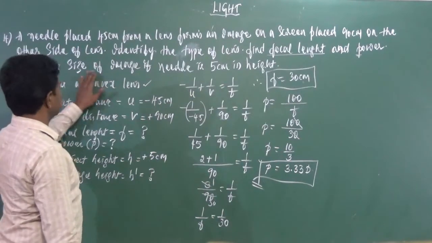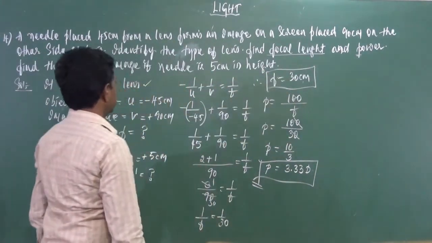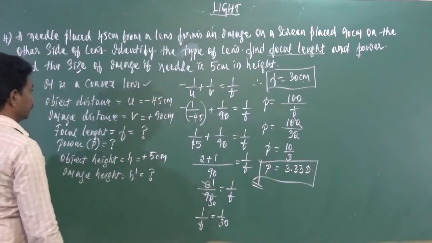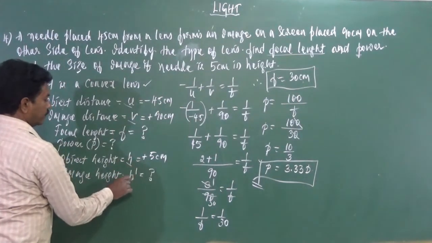Now find the size of the image if the needle is 5 cm in height. So you have to find the size of the image. We have U value, we have V value, we have H value, and we have to find out H dash.